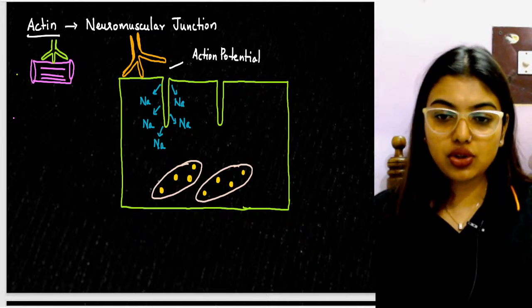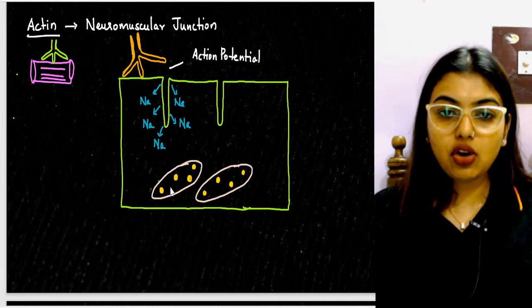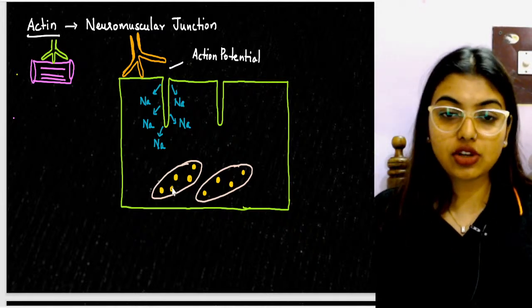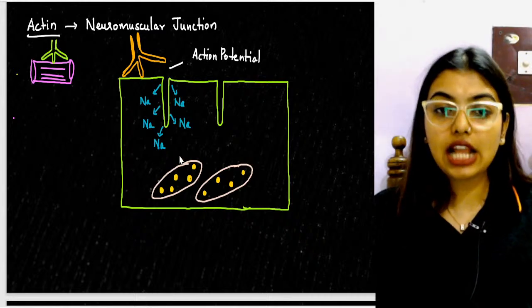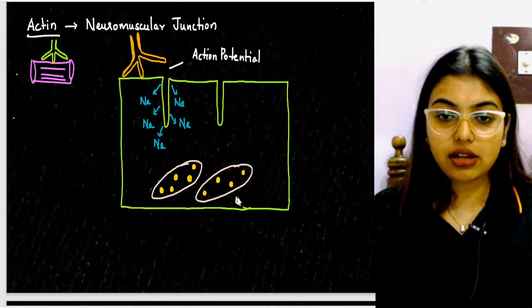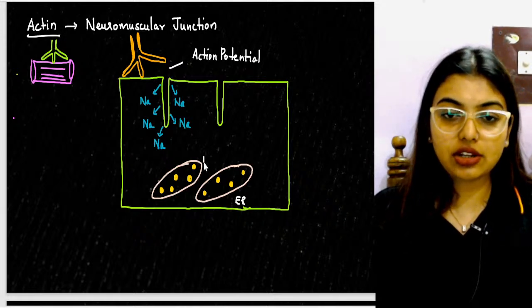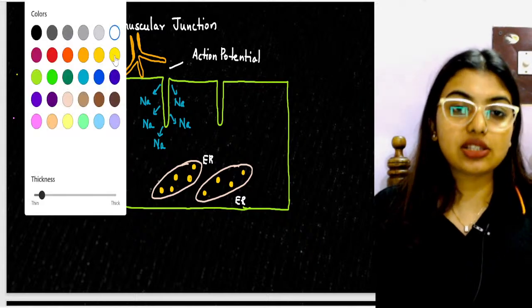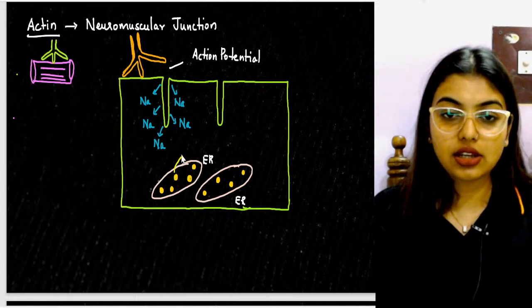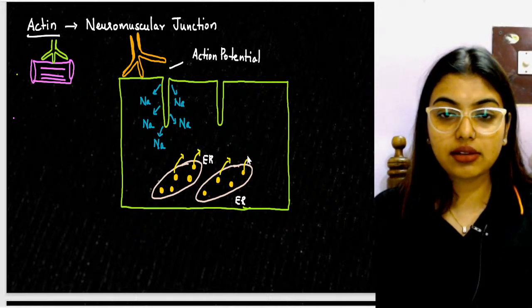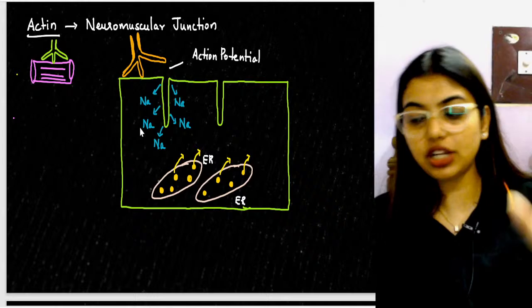So students, here what is going to happen? Because of the influx of sodium, the calcium ions from the endoplasmic reticulum, or the sarcoplasmic reticulum, are going to get released outside. So very simple: action potential happened.